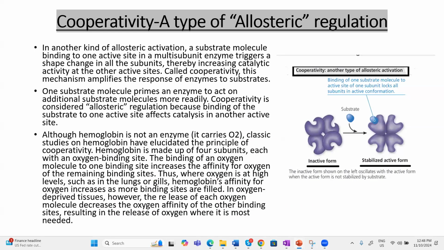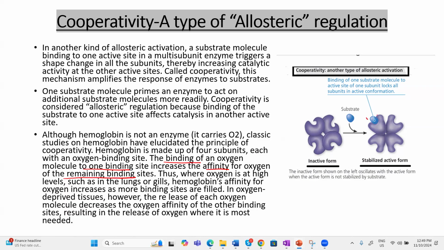Now see next. Another type of allosteric regulation is cooperativity, which we study in hemoglobin. We know hemoglobin has 4 polypeptide chains, 2 alpha and 2 beta. And what we find is, if one oxygen molecule binds to one site, it increases the affinity for oxygen molecules at the remaining binding sites.